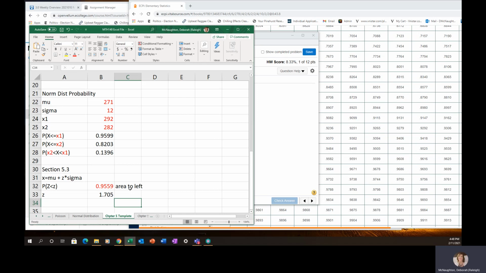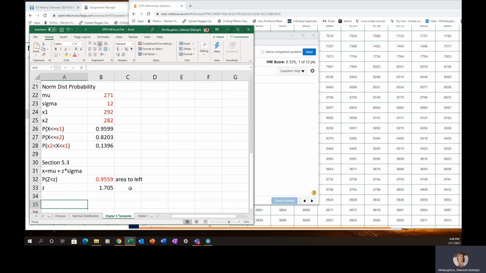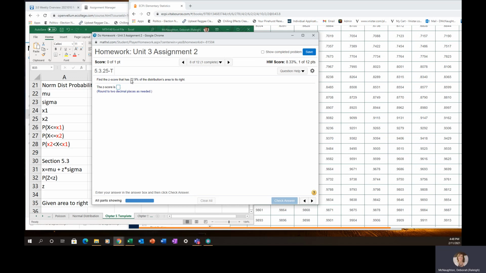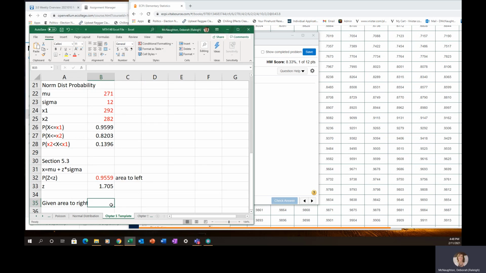If they give me the area to the right, we need to first convert this from 72.9%.